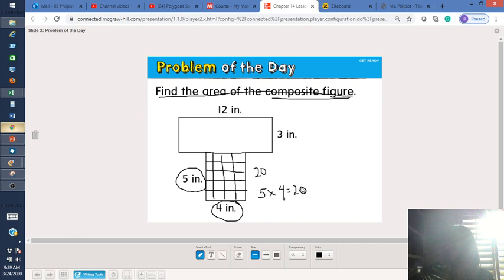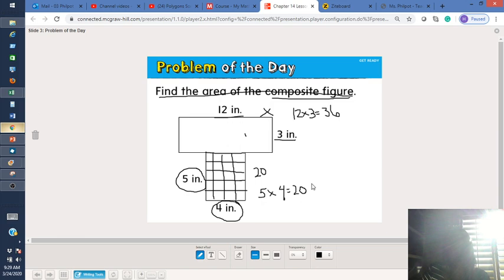Well, on the top, instead of writing 11 lines and counting all those up, let's just multiply the 2 sides. Since you know how to multiply, 12 times 3. We could do our count by 12 song 3 times. Let's see, 12, 24, 36, right? So it's going to be 36. But it can't be just 36 or 20.